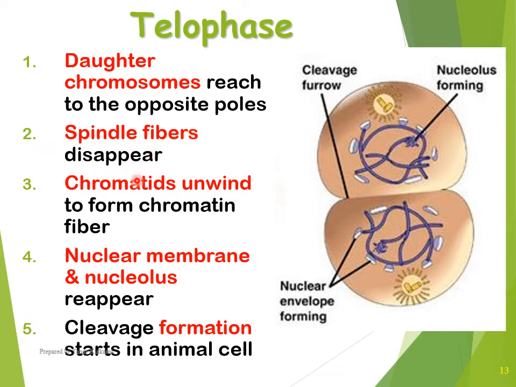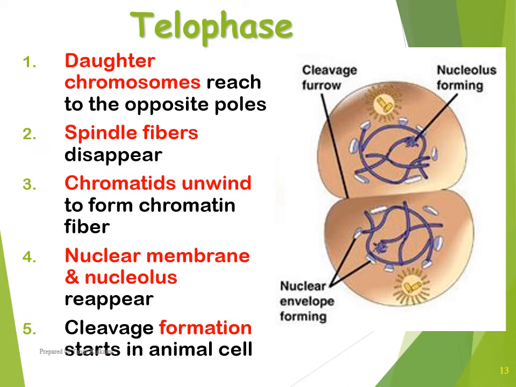As spindle fibers disappear, the nuclear membrane and nucleolus will reappear and cleavage formation starts in the animal cell. Remember, in our book, the cleavage formation is shown in the anaphase, which is a mistake. Always remember cleavage formation in animal cell starts in telophase only.